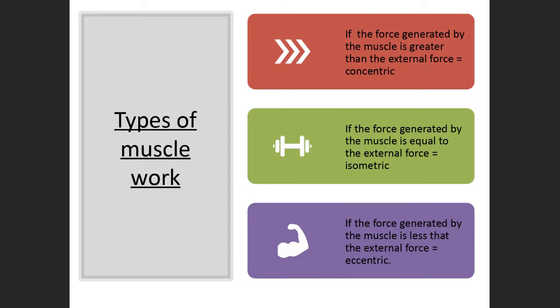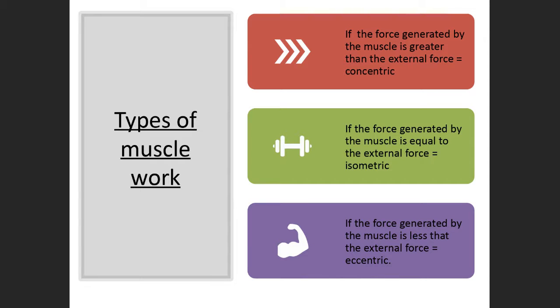If we want to strength train someone, which muscle contraction would give us the best contraction for strength training? Concentric, isometric, or eccentric? Type it in the chat, guys. What do you think? Rosie thinks eccentric. What does anyone else think?